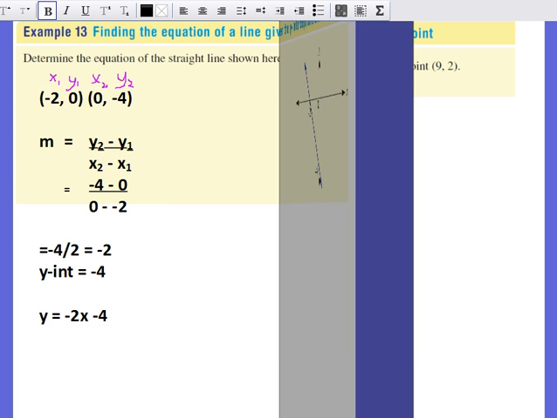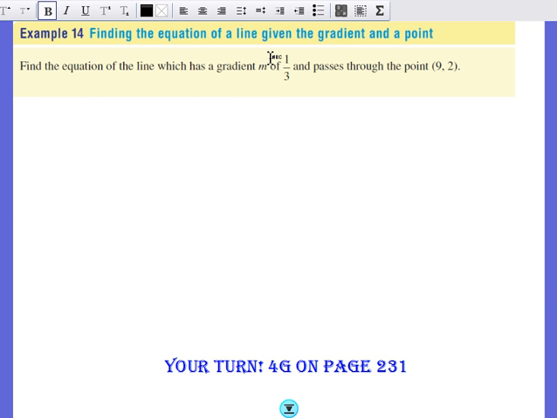Okay, that one wasn't so bad. Let's have a look at this one here. Find the equation of the line which has a gradient of 1/3 and passes through the point (9, 2). So we're given the gradient, that's nice and easy. If I wanted to, I could start writing up my formula.